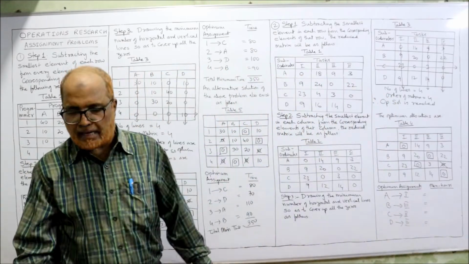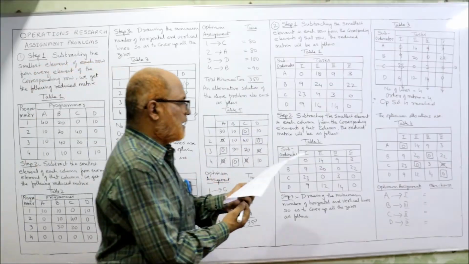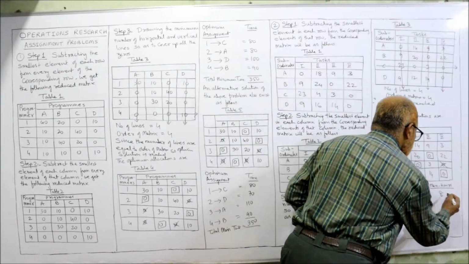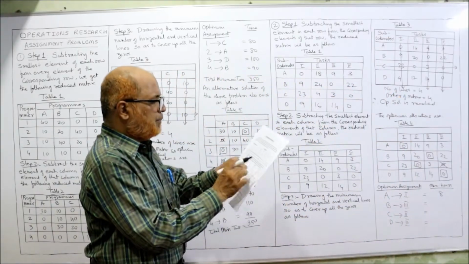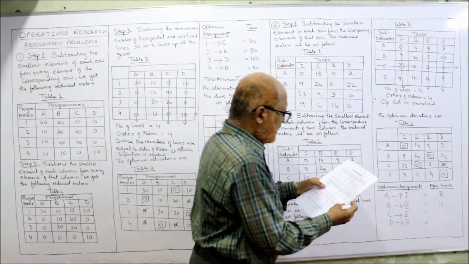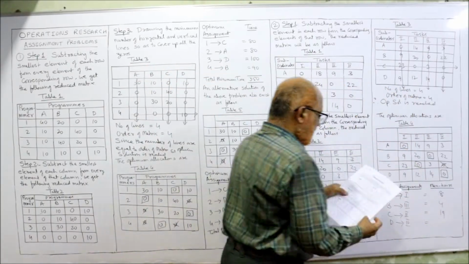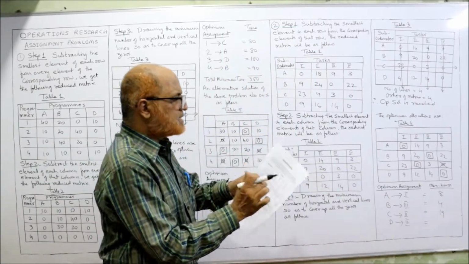Now we want the man-hours. For A1 it is 8 hours. For B3 it is 4 hours. Then C2 it is 19 hours. And last D4 is 10 hours.